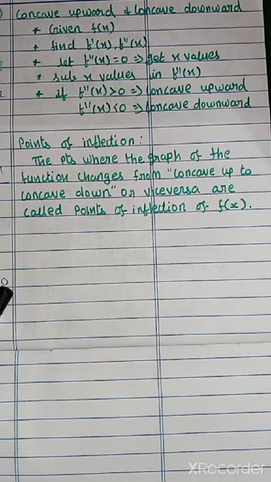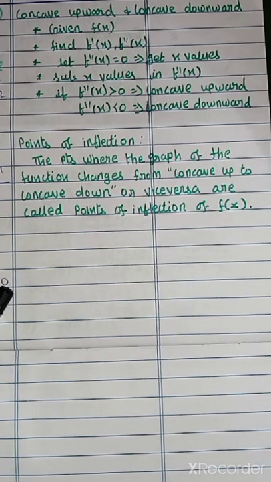A graph is said to be concave up at a point if the tangent line to the graph at that point lies below the graph. And what is concave down?